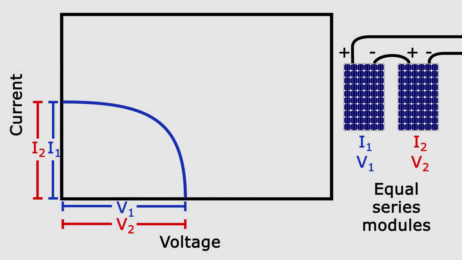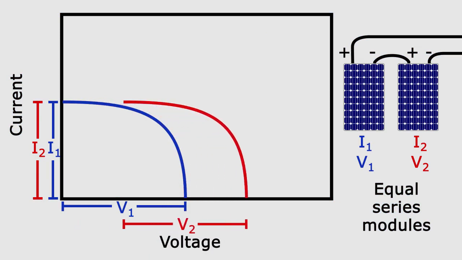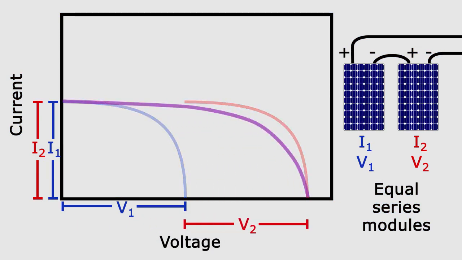Let's look a little bit closer at what happens to modules when they're wired together. If we make series connections, modules are connected in this positive to negative format, which increases the voltage. In this case, two identical modules wired in series would show an IV curve where the voltage increases and the current is equivalent to the current of one module.